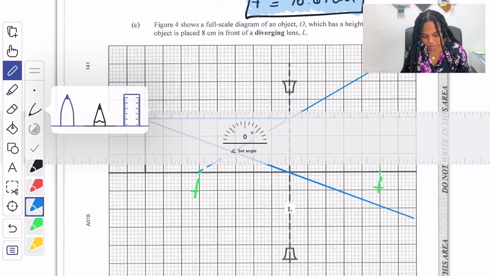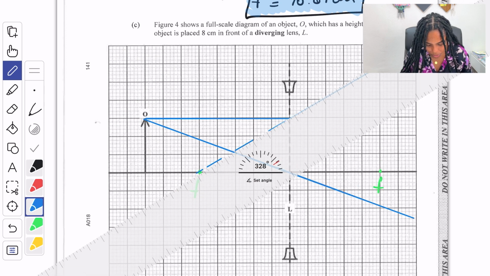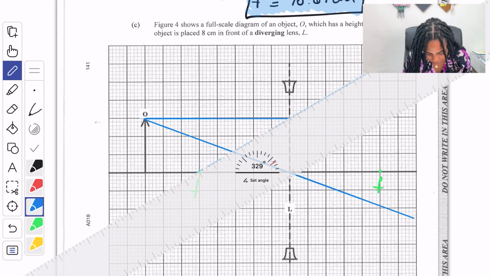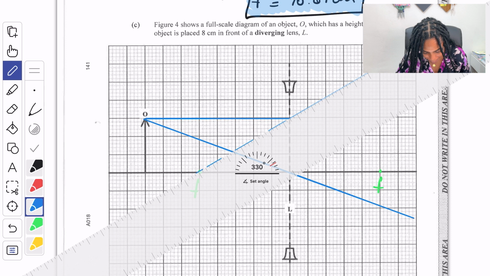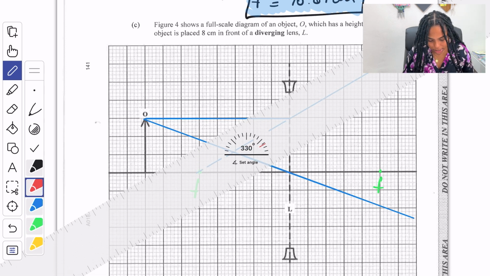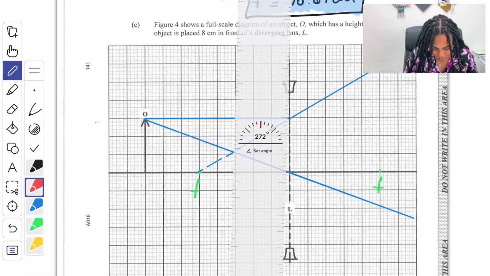Where those lines meet is where our image will be. So let me try to recreate my line here. Let's see, something that looks like this. So it means that our image will be a straight line in the middle here.